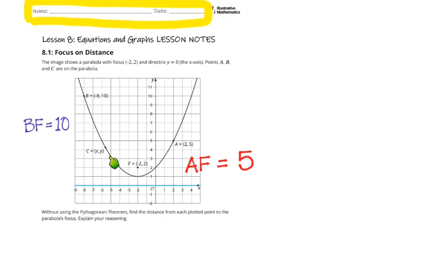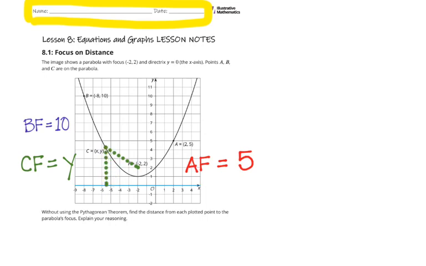Now, this last point here, point C, doesn't have numbers, but we do know that whatever that distance is, it is the same as the distance from the point (x, y) to the focus (-2, 2). So we know then that the distance from C to F is going to equal that y, because that is what this distance is. It's from here to here.